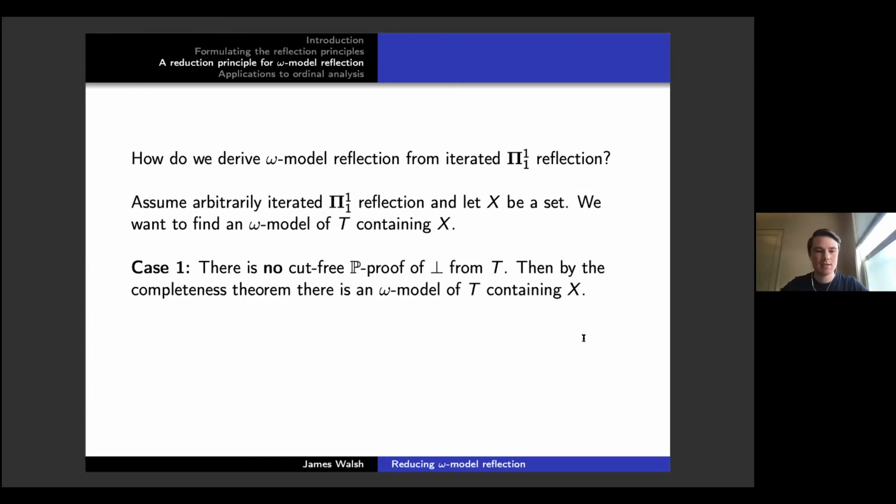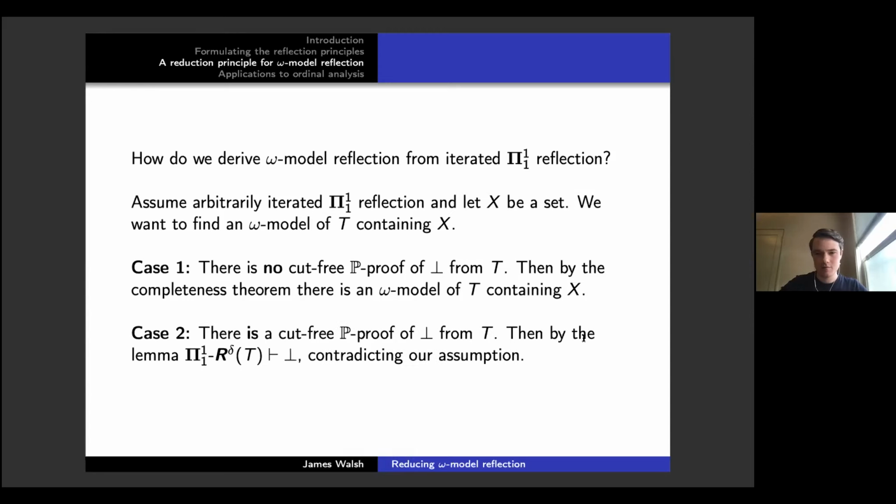So the second case, there is a cut-free proof in our system of a contradiction from T. But then by the lemma, we can prove this contradiction by iterating Pi-1-1 reflection up to the Kleene-Brouwer rank of that proof. But then that contradicts our assumption.